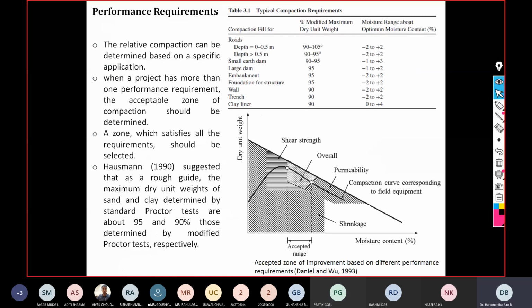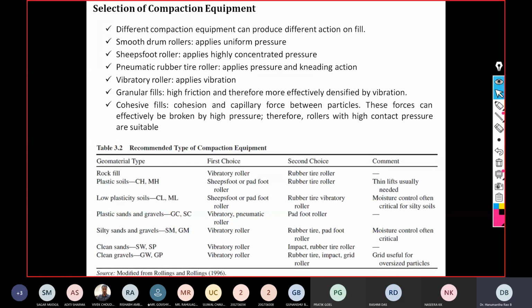Now, another important point is how do you select the most desirable compaction. For example, you want to compact with one kind of roller, but its availability is a big question. Everywhere, availability of a desired equipment is a big task.